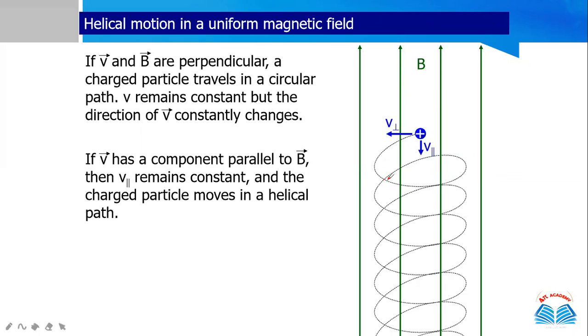This one circle completes here. And this parallel component will tend the charge to move down toward this. So what will happen? What will now be the path of this proton? You can see this.